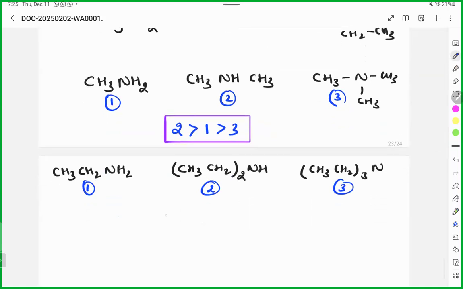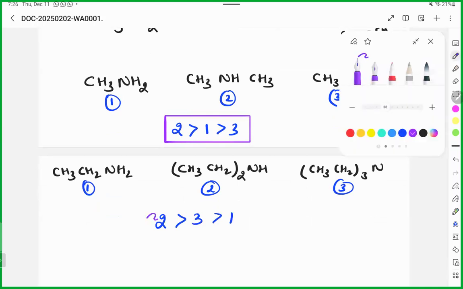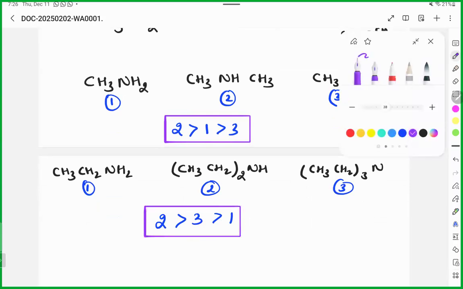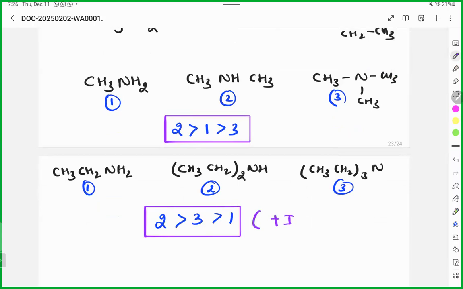Second, then tertiary, because it is a heavy molecule; in this case, the main factor is plus I effect. Here the main factor is hydrogen bonding. Secondary is always great. But among primary and tertiary, which one is greater? Here primary is greater than tertiary because of hydrogen bonding. Here tertiary is greater than primary because of the inductive effect.